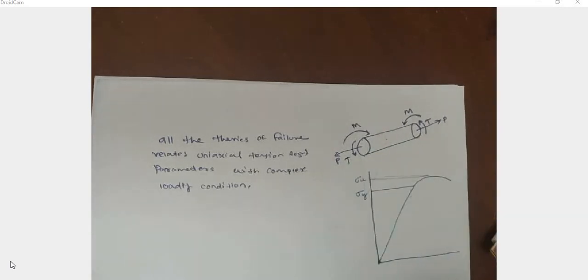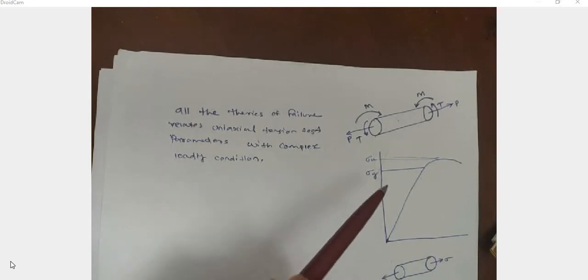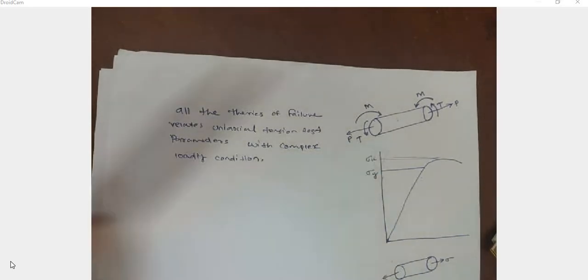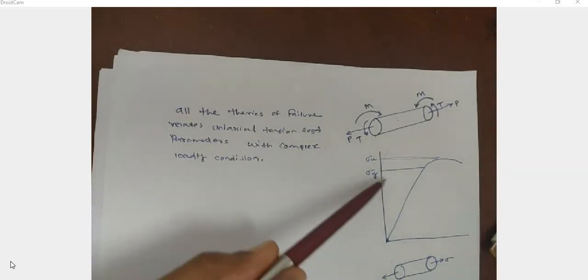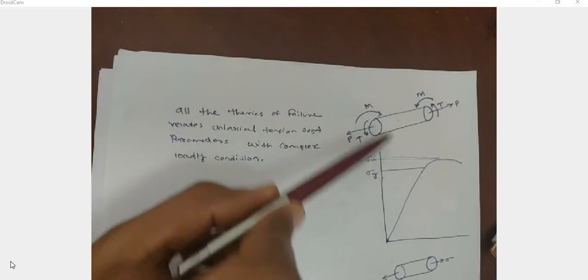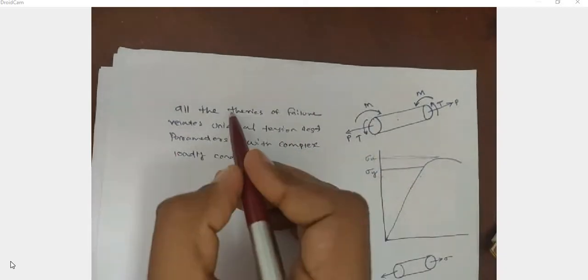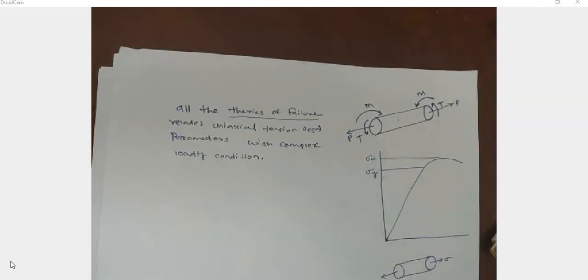We use the same material with standard size, apply a uniaxial load and plot this graph. From this we get different parameters. Using these parameters we can design for the complex loading condition. For that, we relate these two areas using theories of failure. So that is the importance of theories of failure.